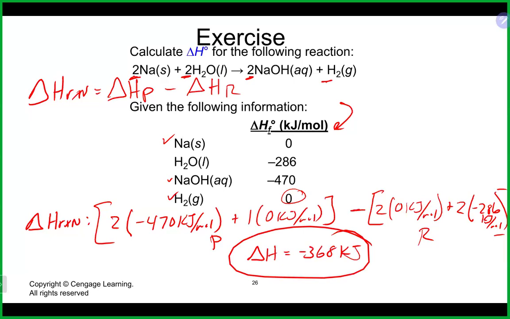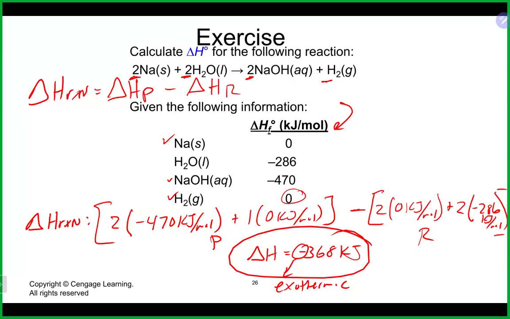Endothermic, exothermic? It is exothermic, negative value here. So overall, this reaction is going to release that much energy. That is the difference between where the reactants and the products ended in this particular case, which would look like this, I suppose.